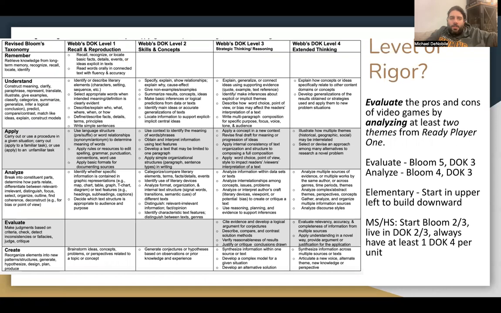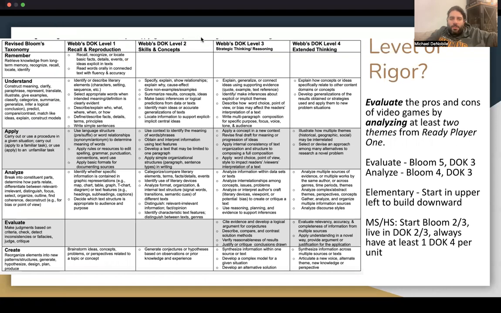So again, the level of rigor. How do we determine the level of rigor? If I'm looking at evaluate the pros and cons of video games by analyzing at least 2 themes from Ready Player One, because it's evaluate, the evaluate part is Bloom's 5. It's a DOK level 3, so we're over here.